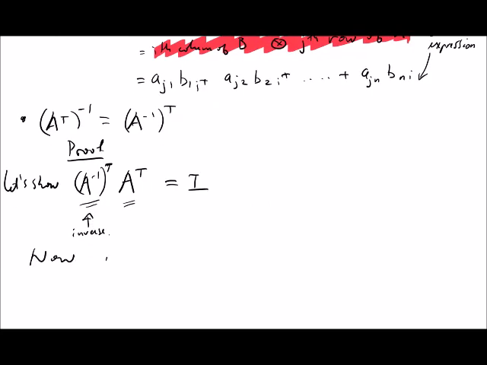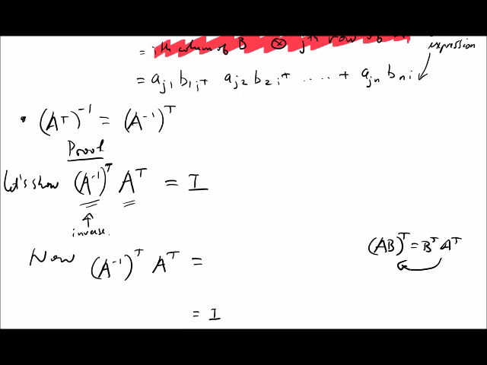Now, I'm going to start with the most complicated side and try to get to the other side, with the other side being I. So I need to write some equations in order to get I. First thing I'm going to use is this identity: AB transpose is B transpose A transpose. But I'm going to read it backwards.